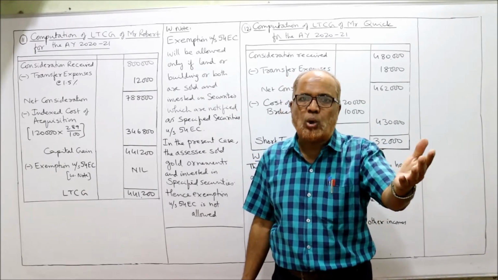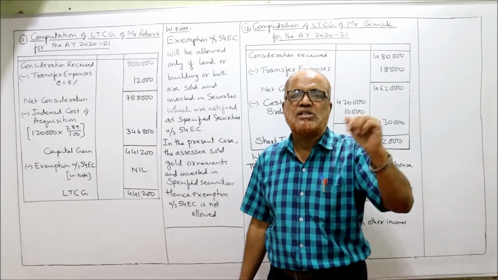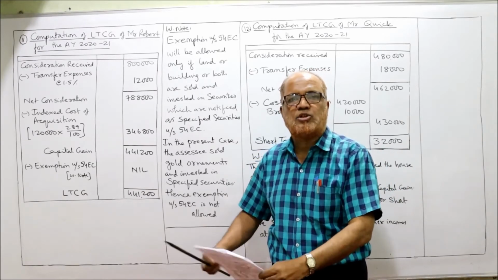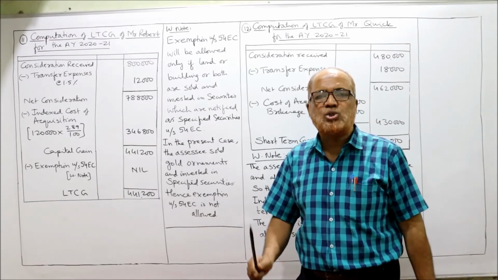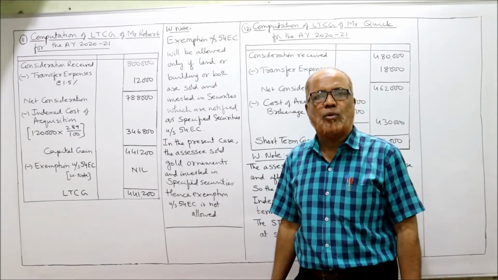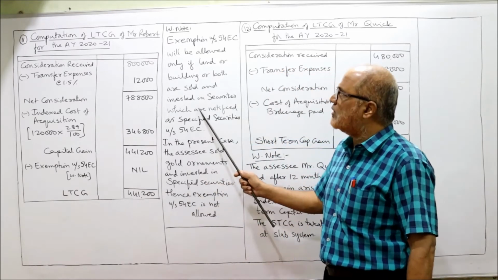If the assessee sold it and from the proceeds has invested in specified securities, then only exemption will be allowed. In the present case, the assessee has not sold land, building or both. The assessee has sold gold. So this exemption is not available.